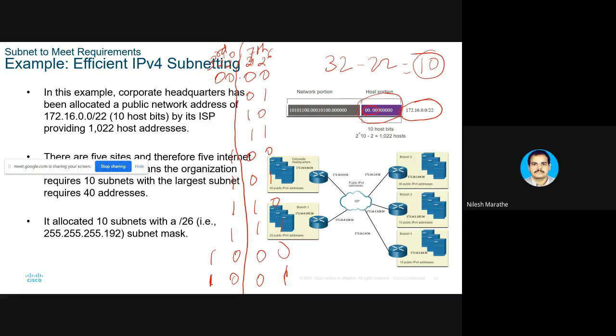So how can we write it now? The first will be 172.16.0.0. What will be the second? 2 raised to 6 is 64. 2 raised to 7 is 128.